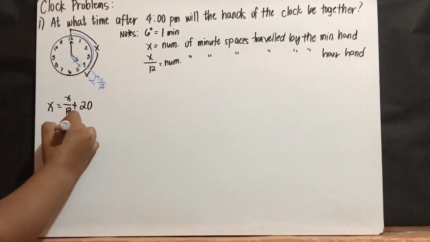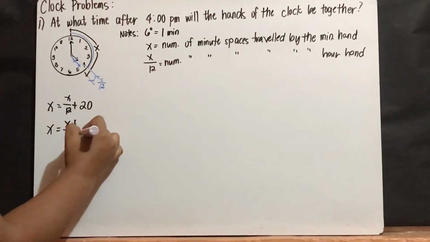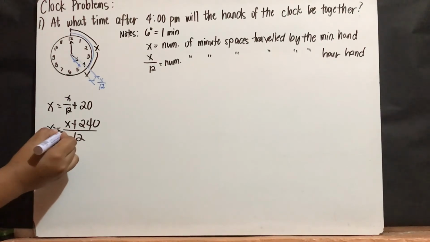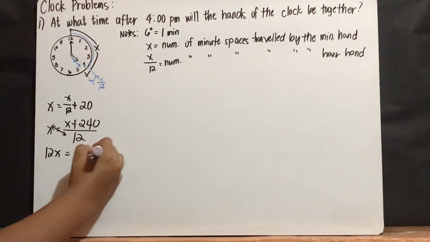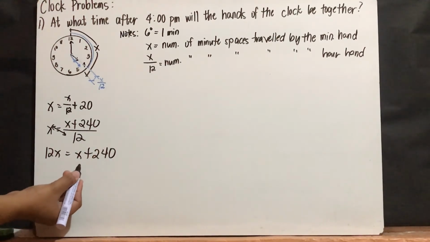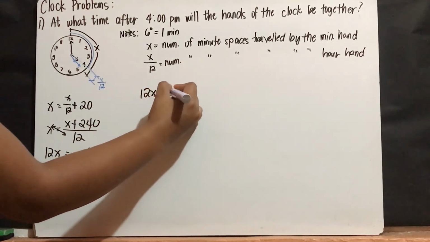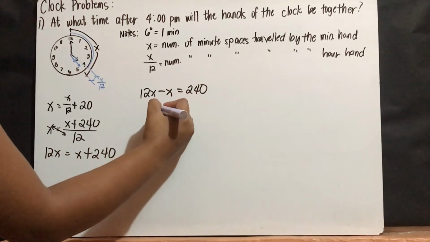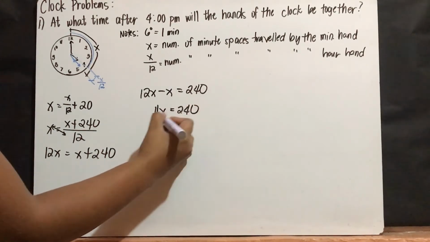So, we have x equal to LCD tayo. So, this is x plus 20 times 12, that is equal to 240. And then, cross multiply, we have 12x equal to x plus 240. And now, combine like terms, i-transpose natin si unknown variable to the left side. So, this will be equal to 12x minus x equal to 240. So, 12x minus x is equal to 11x. And then, 240.